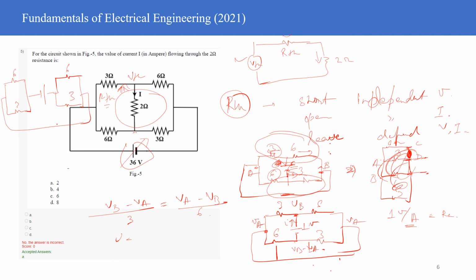Correct? So 6 and 3 in parallel, you can write it as 6 into 3 divided by 9, that is 2, and 2 plus 2 is 4. So 4 ohm is the equivalent resistance, right?